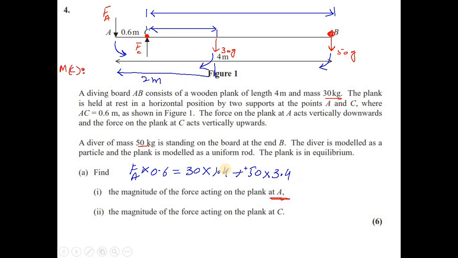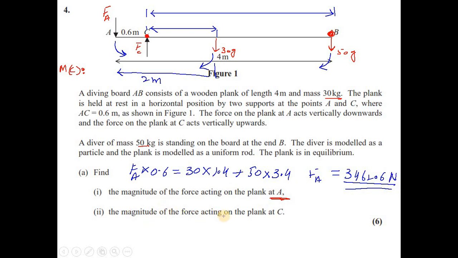Now you can see that you have only FA unknown in this equation. You just multiply and add and then divide by 0.6. So you have FA as 3462.6 Newton.